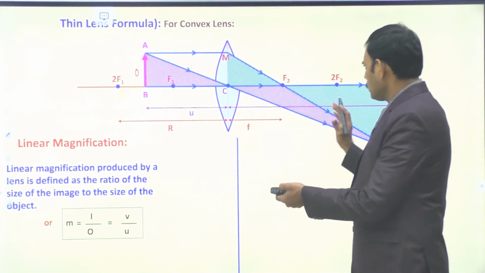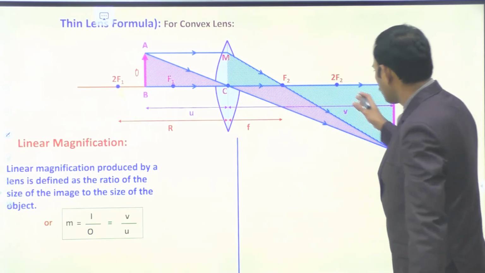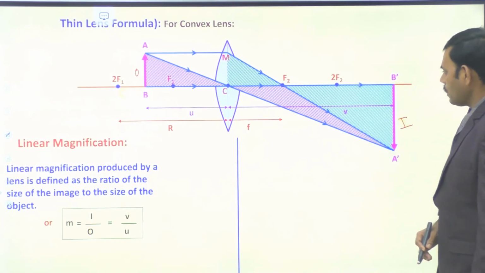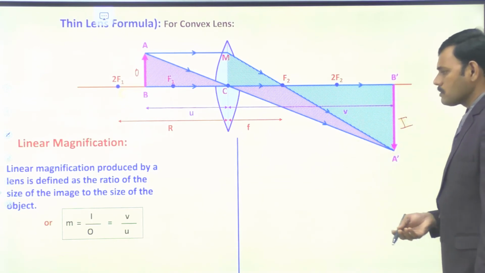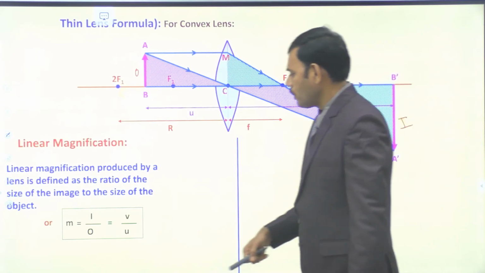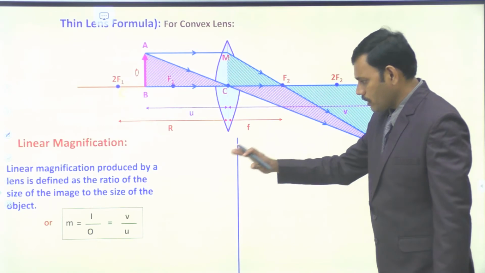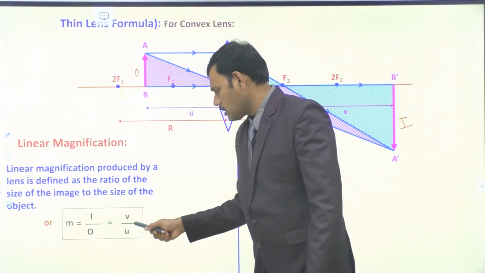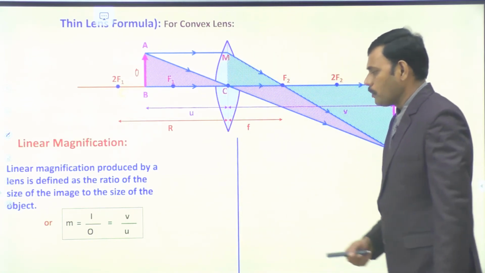According to the comparison of similar triangles, we have similar triangles here, we represented them. We did it already in the concave mirror. In the same manner, we continue the derivation by using properties of similar triangles. We get I by O, the I to O ratio, is equal to the V to U ratio, V by U. Therefore, magnification is the size of the image by the size of the object, which is also equal to the ratio of the image distance to the object distance. This is the important point.